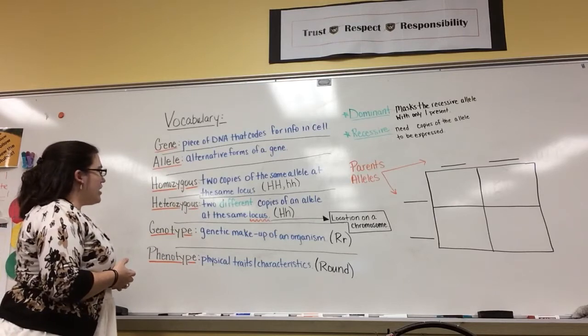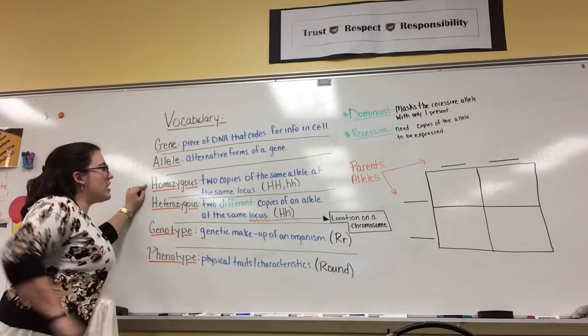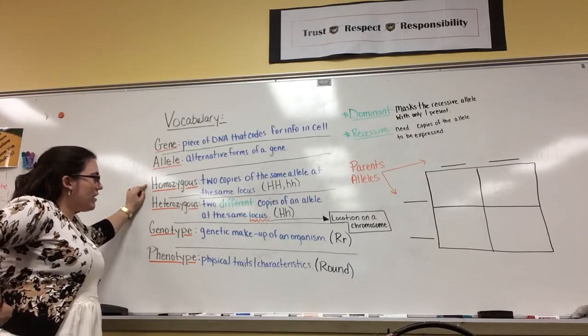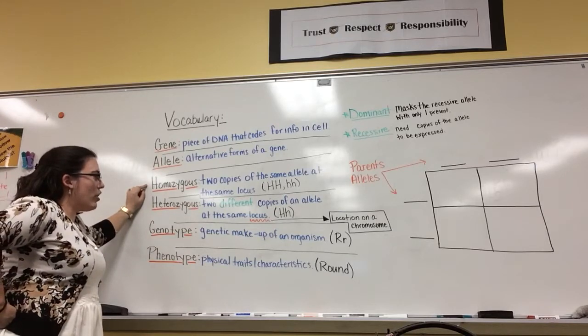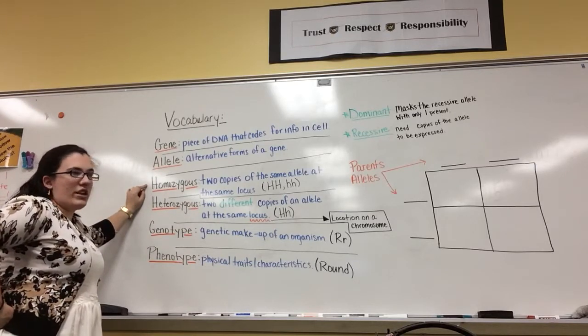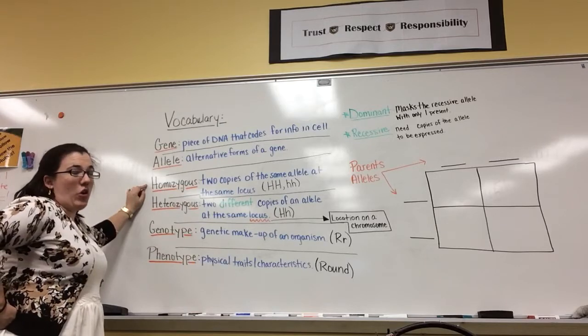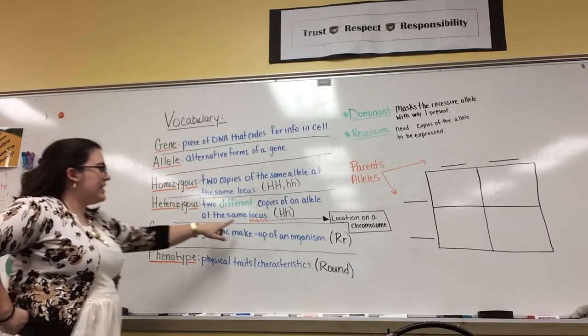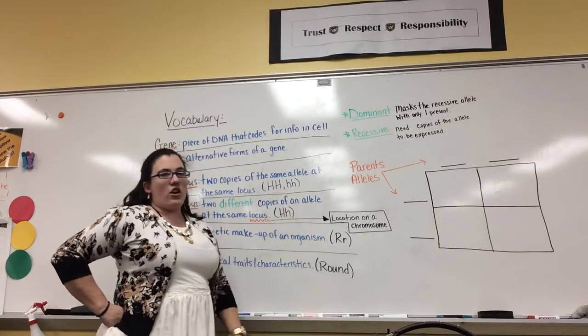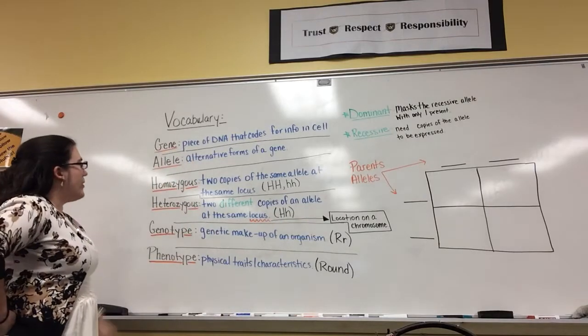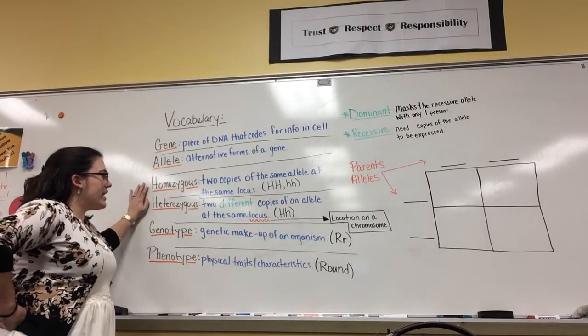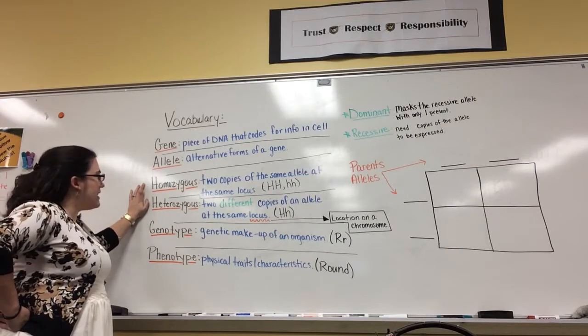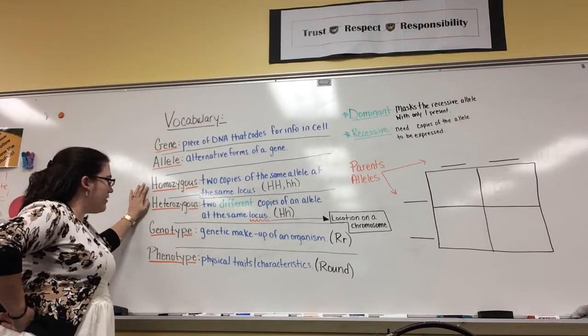It could be homozygous, which would be two copies of the same allele at the same locus, which, if you're wondering what a locus is, the locus is a specific location on a chromosome.